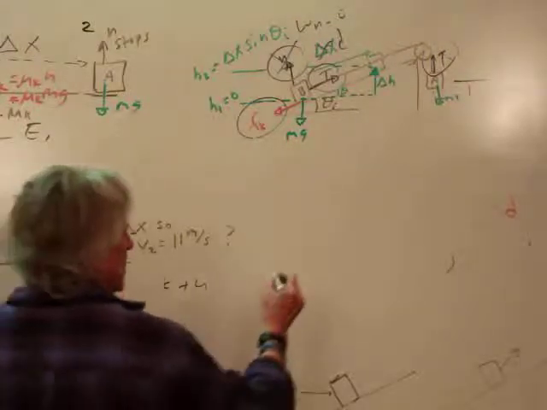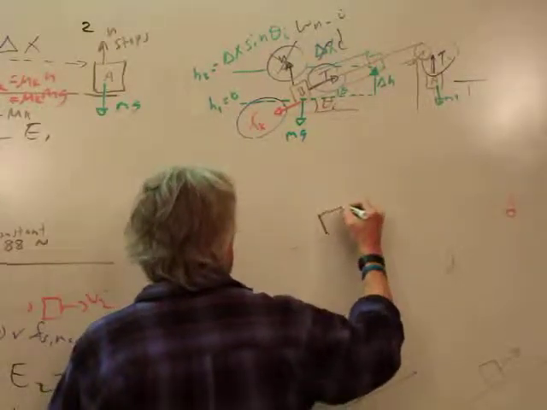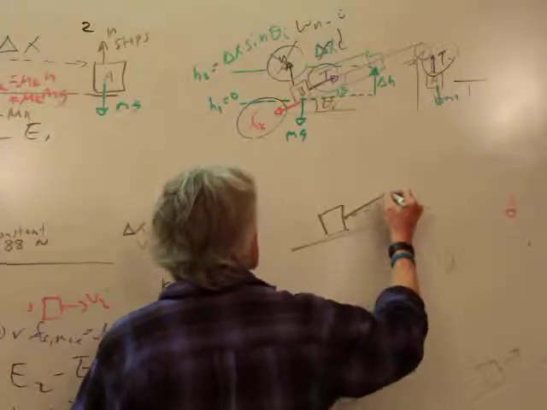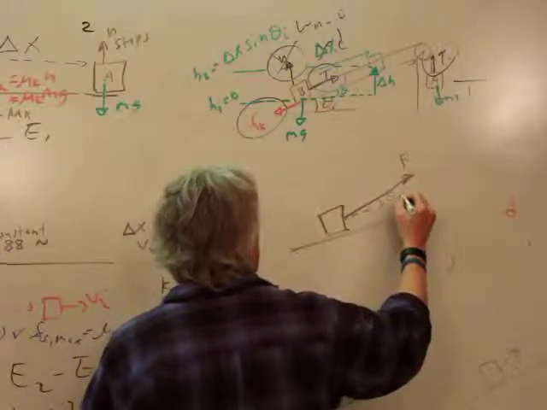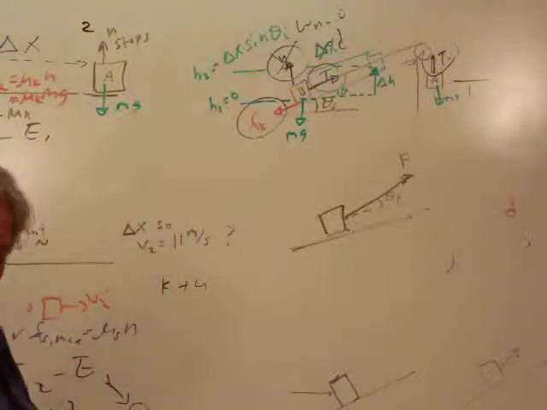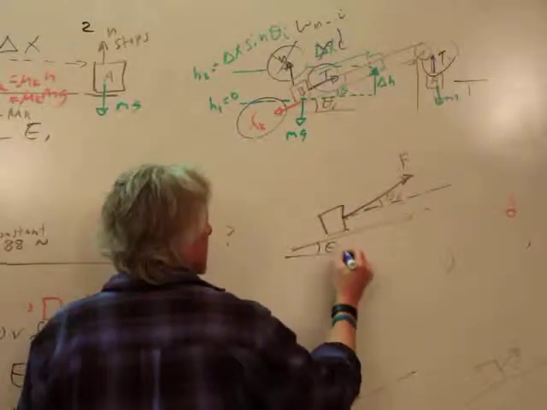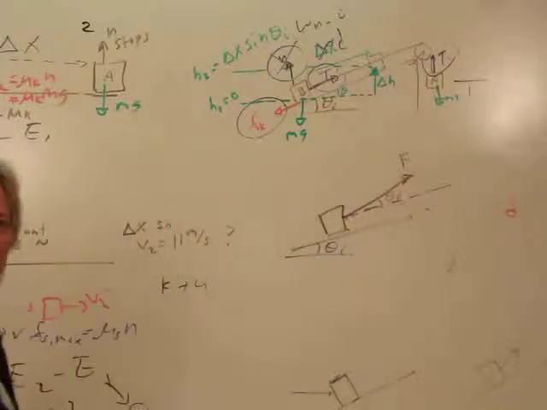So if now you pull at some angle here, so that this is F, this is the angle, I'll put the angle of F or something like that. If you still slide along that surface, you're going here. This angle is theta of the incline, but this can be very different.